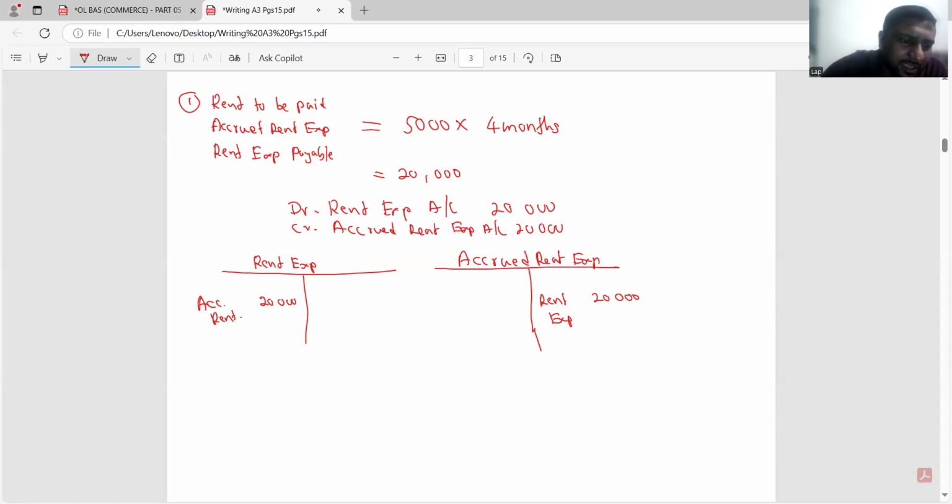So here it is increasing the expense, here increasing or recording the liability. Simple as that. Those are the two adjustments that we should do. From one side, increase the expense; from the other side, increase the liability. That's all.